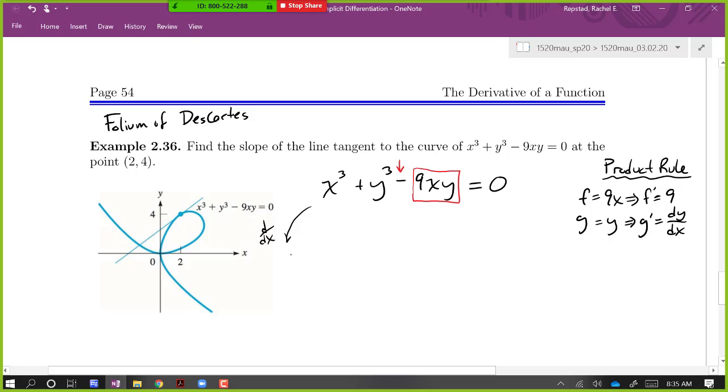What do we get? 3x squared times dx/dx. Sure, yep. Plus 3y squared dy/dx. Yep.